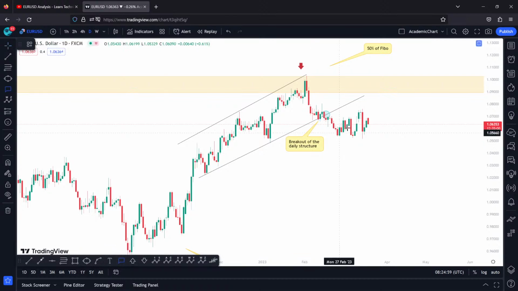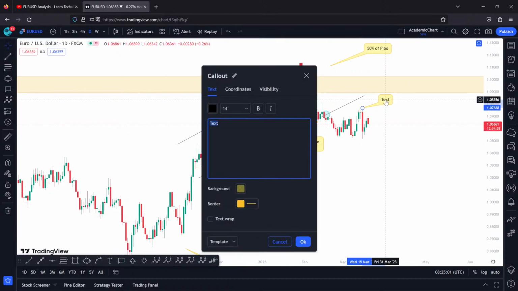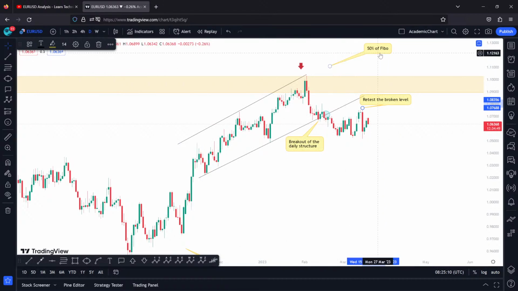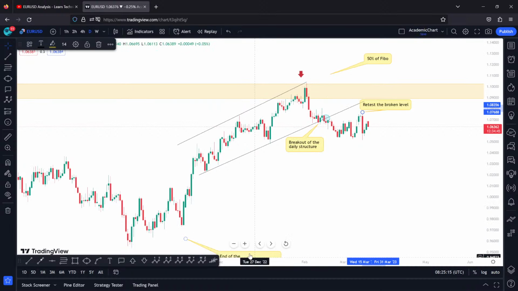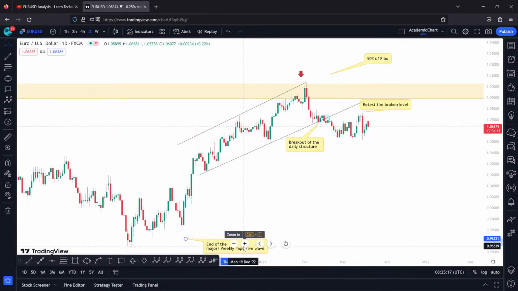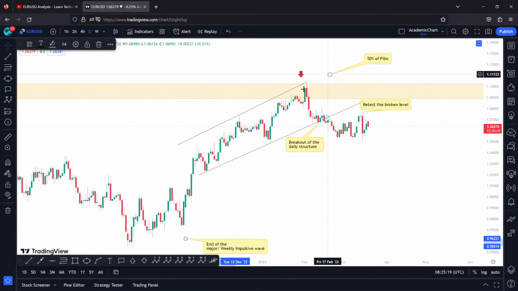So it is the retest of the broken level after this breakout, reaching the 50% of Fibo, returning from a major support zone after the impulsive wave. The correction is done. It has a breakout after this reversal and the retest, and that's the current situation.